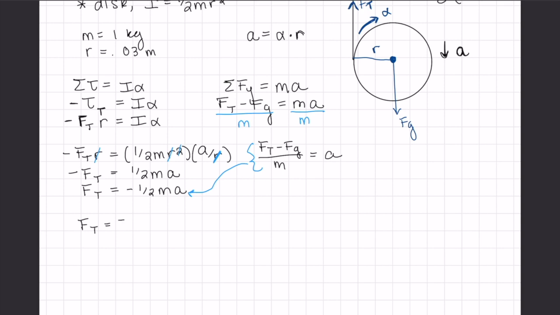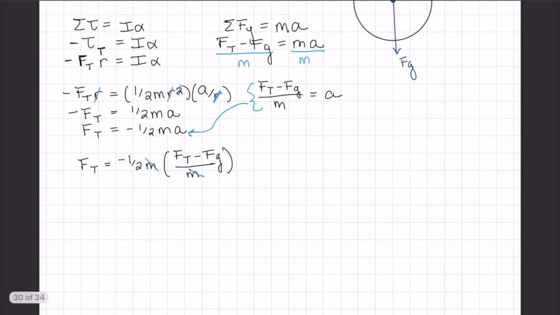Ft equals negative 1/2 m times Ft minus Fg over m. So our m's will cancel. And then I will distribute that negative 1/2. So Ft is negative 1/2 Ft plus half Fg.